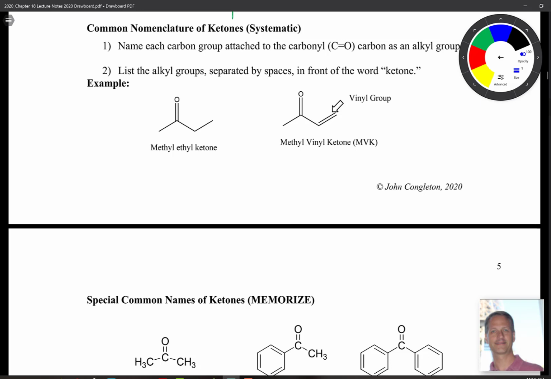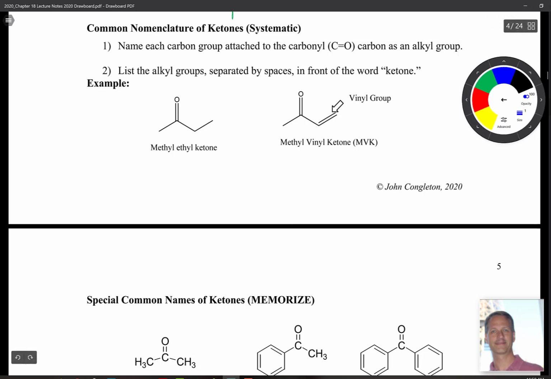So the last section again here to look at is common nomenclature of ketones. And even though it says common, it's been incorporated so much into the language that they're considered to be systematic also. In this case, what we do is we name the carbon groups attached to the carbonyl and name them as alkyl groups. And then we put them before the word ketone, and that would be the name of our molecule.